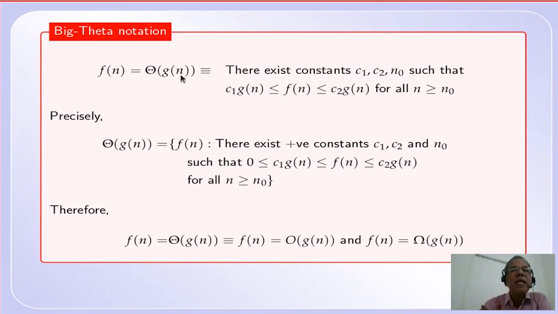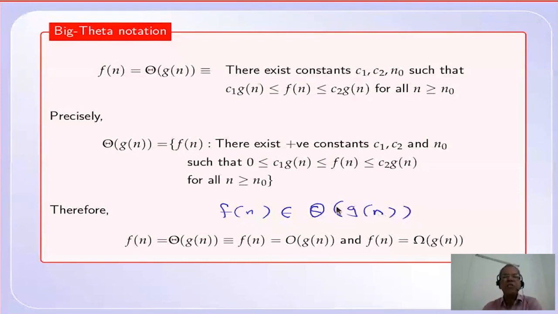F of n is equal to big theta of g of n is equivalent to there exist constants c1, c2, n0 such that f of n is in between c1 times g of n and c2 times g of n for all values of n larger than or equal to n0. Again, big theta of g of n is a set, and therefore whenever we say f of n is equal to big theta of g of n, we mean f of n is in the set big theta of g of n.